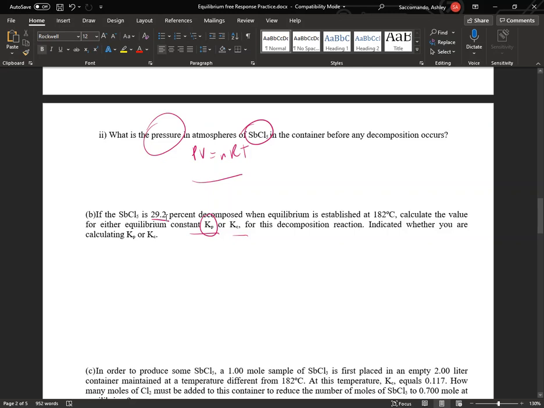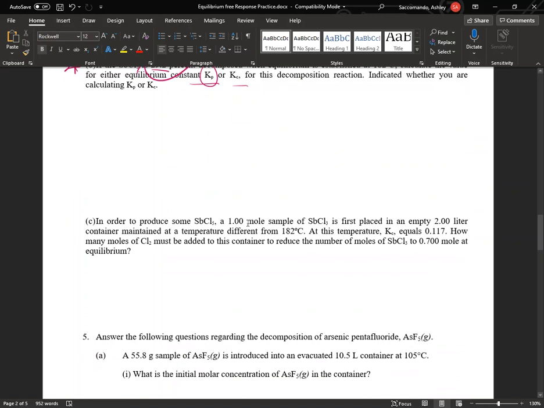So you would take 29% of your original value, and that would be the change amount. That would be the X value that's either being subtracted from the reactants and being added to the products. So that's an easy one right here. Percent, you might see one like that where they tell you a certain percent changes over. Well, that's how you find the X value or the change value.